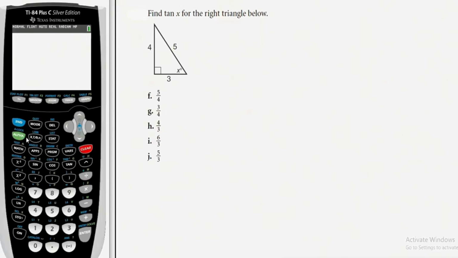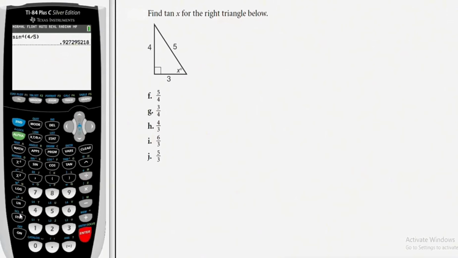Sine inverse will be this second button and this sine button. You can just do sine inverse of 4 divided by 5. Close the bracket, press enter. So this is the output. Let's store this as x.